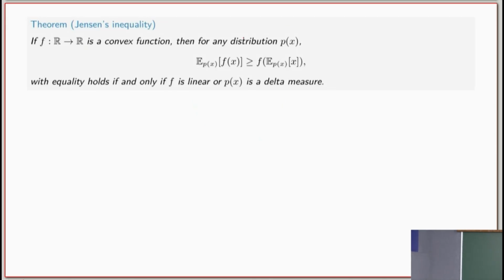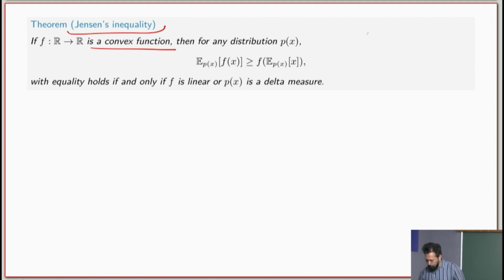A few things we recall: Jensen's inequality. I'm not sure if I said this. Jensen's inequality says that the average of the function is greater than or equal to the function of the average. This is actually nothing but an extension of convexity to the probability case.